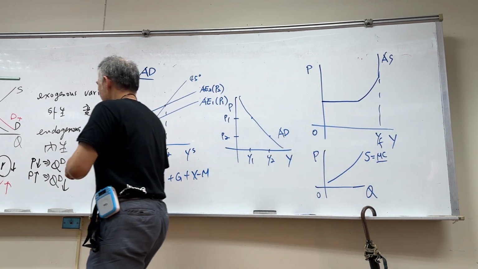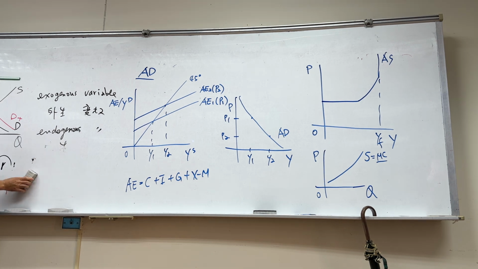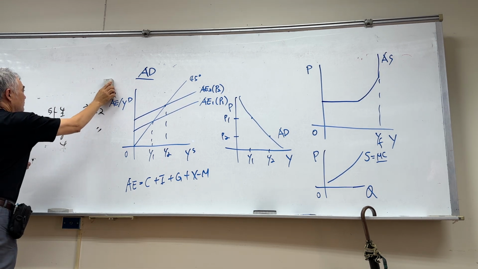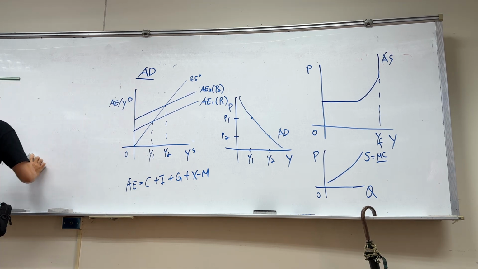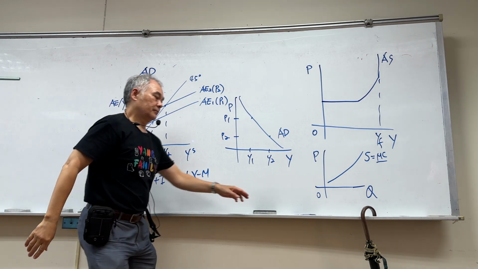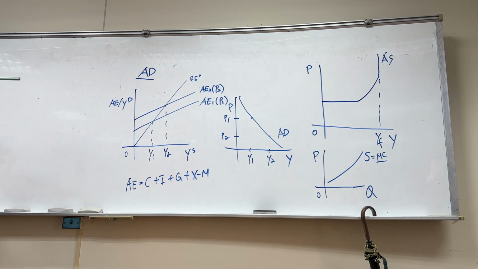Okay, so if P goes up, aggregate expenditure actually shifts down, right?